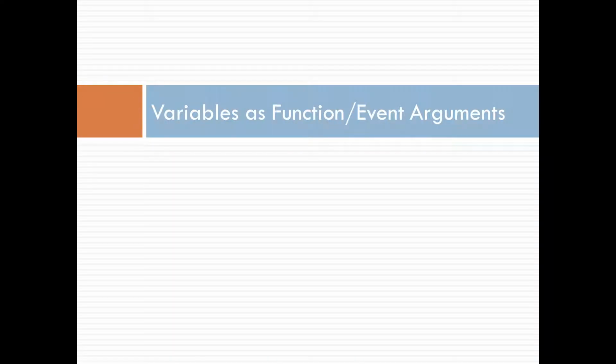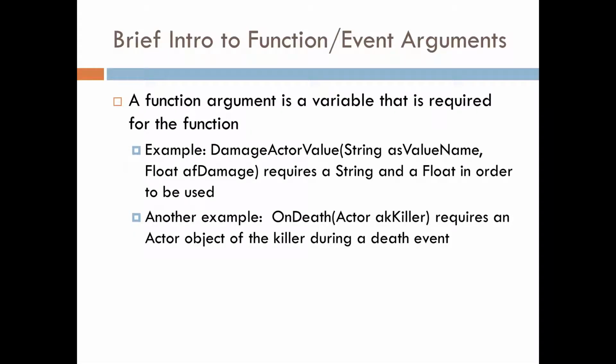Alright, to go hand in hand, let's look at variables as function and event arguments. So I'm going to briefly introduce function and event arguments before we go into more detail when we cover functions and events. But a function argument is a variable that is required for the function. For example, if you look in the Actor script page of the Creation Kit wiki, you'll see the function DamageActorValue, and it has two parameters or two arguments.